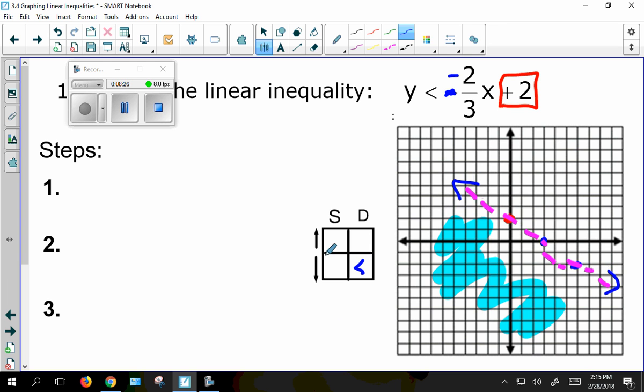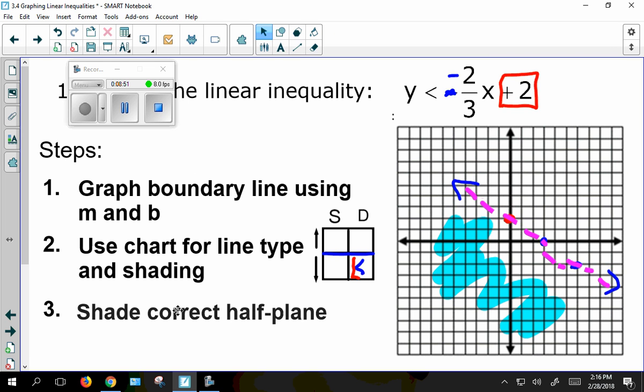Because it's an L, it goes below this line. It goes the same way as the L, so it has to go on the bottom, which means I shade below. Personally, I like if it's not eating the Y, you shade below. If it eats the Y, you shade above. That's easier for me to remember, but whatever you want to do is up to you. If you want to use this, you go right ahead.